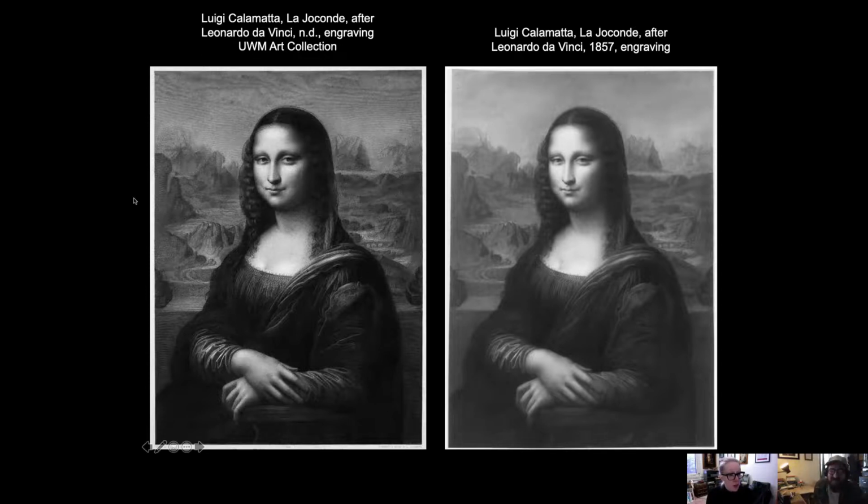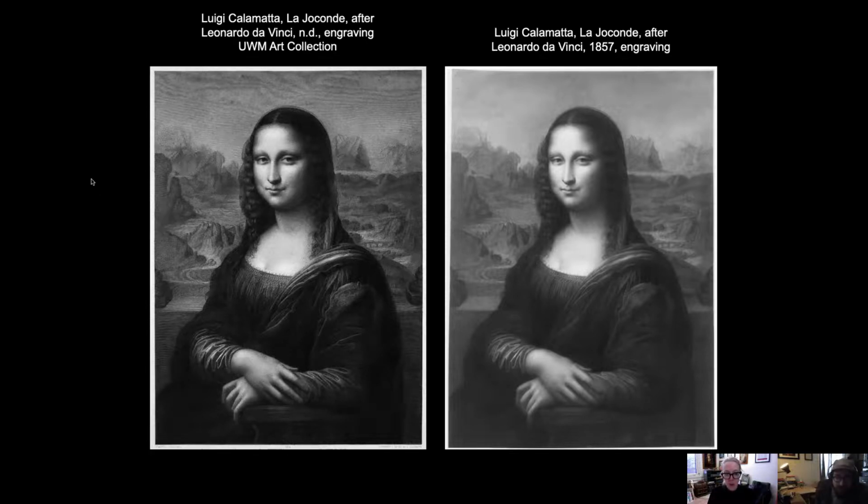Yeah. And a lot of times also, I would propose, and I would want to do more research to definitively state, but it is not inconceivable that Kalamata had no involvement at all in the creation of this print.